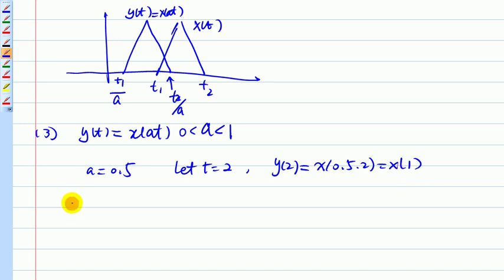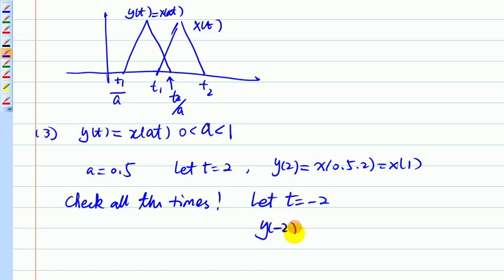However, you have to be careful: you have to check all times. Let t equal to -2 and see what happens. y of -2 equals x of 0.5 times -2, which is x of -1.